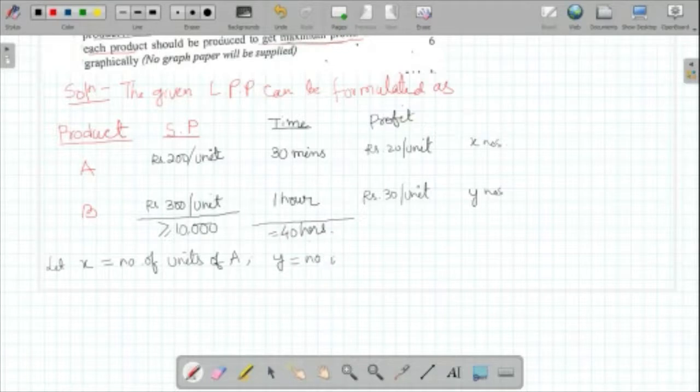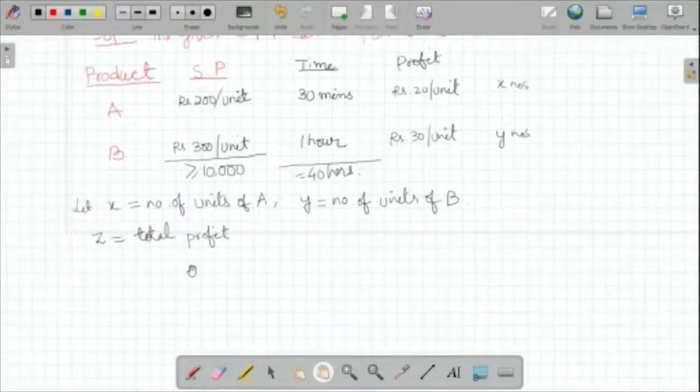Y is nothing but the number of units of B. For A, X units, and for B, Y units. And let's say Z is the total profit.